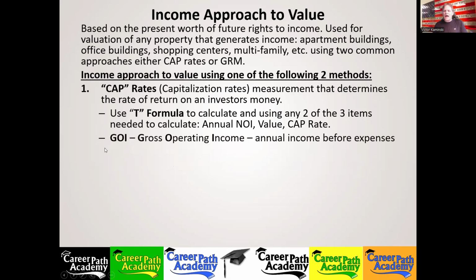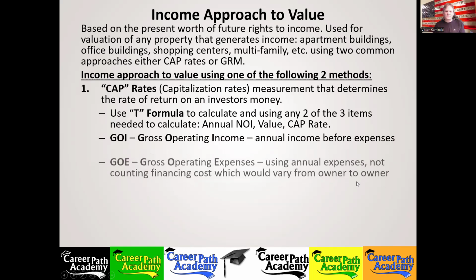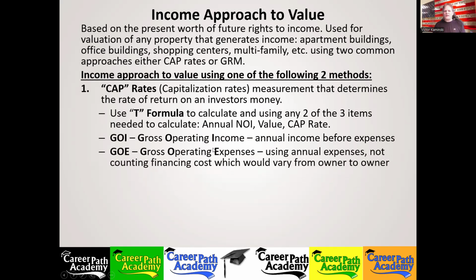So you'll need the gross operating income, the GOI. That's the annual income before expenses. And you'll need to know what the annual expenses are, the gross operating expenses. If they just give you the monthly or quarterly figures, because some property expenses are charged monthly, some are charged quarterly, like taxes or sewer bill, or monthly bills like the gas or the electric, you multiply them out to annual.